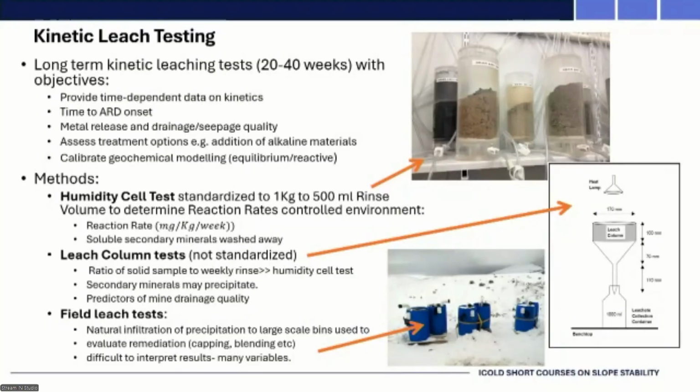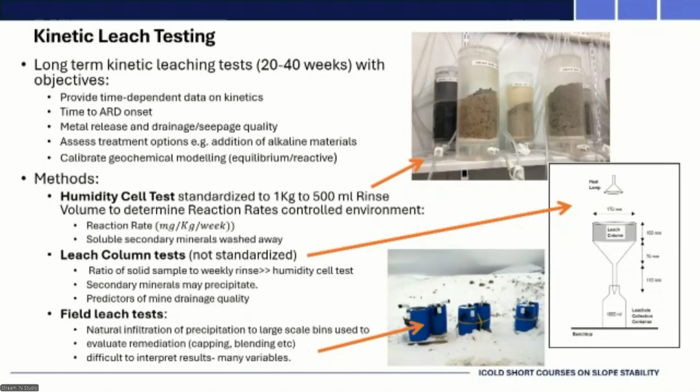It's got a lamp, you keep it humid, because what you're trying to do is simulate your weathering process as fast as possible so that you actually come out with a reaction rate. And that's pretty standardized by all geochemists across the world, so you can compare this reaction rate to that.